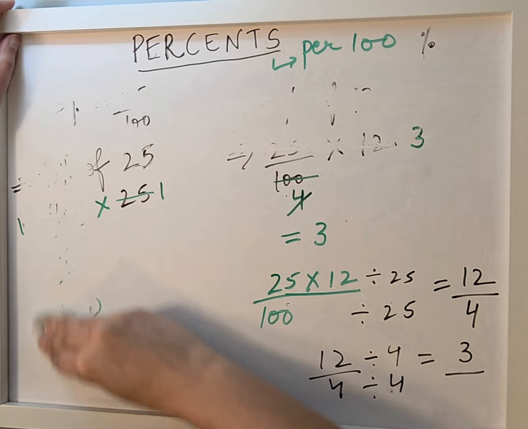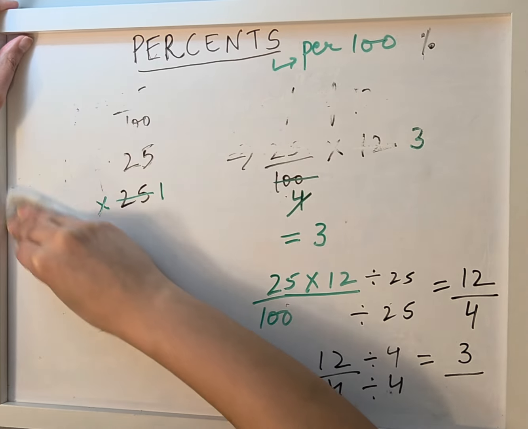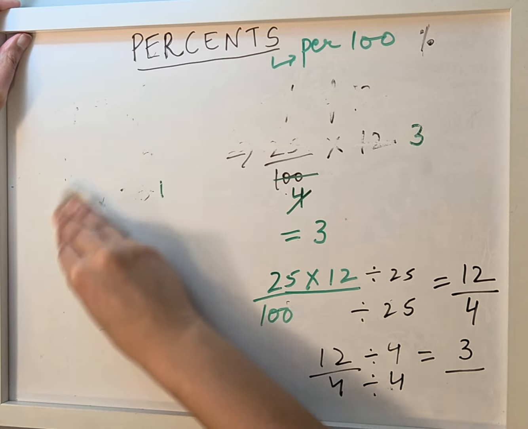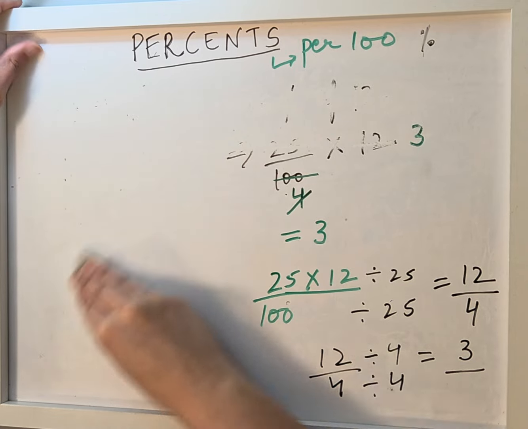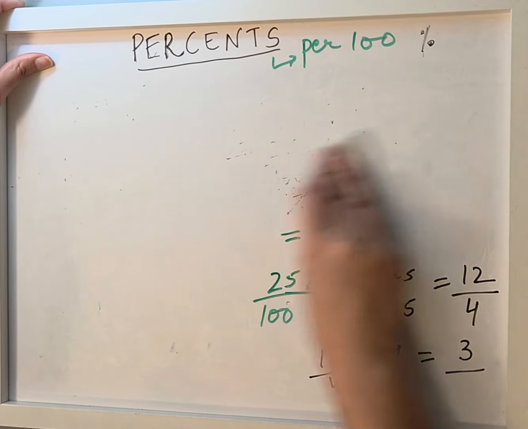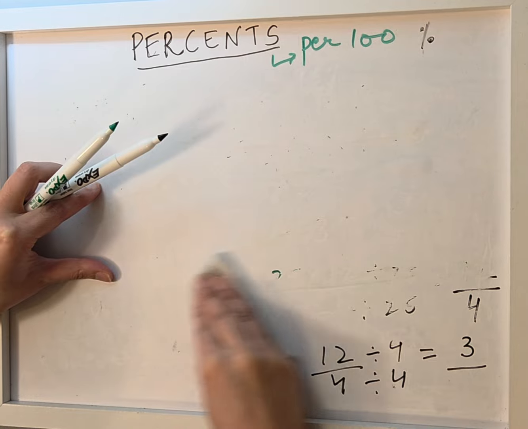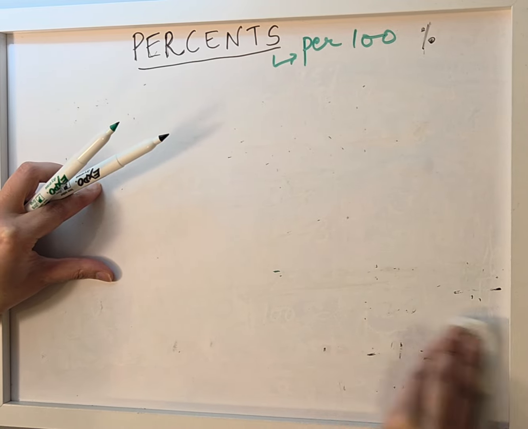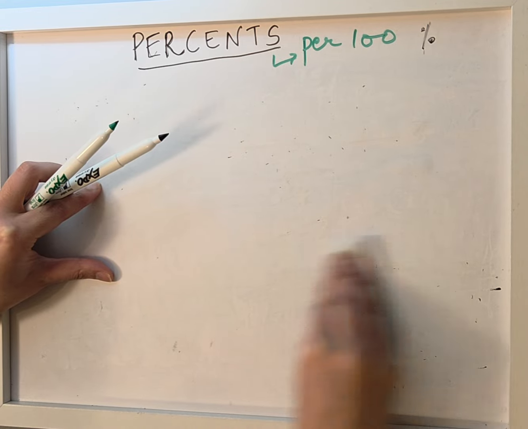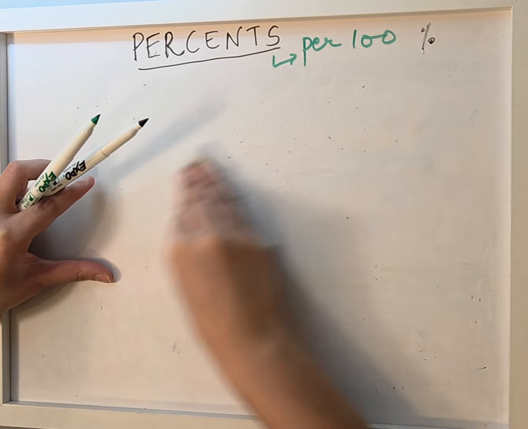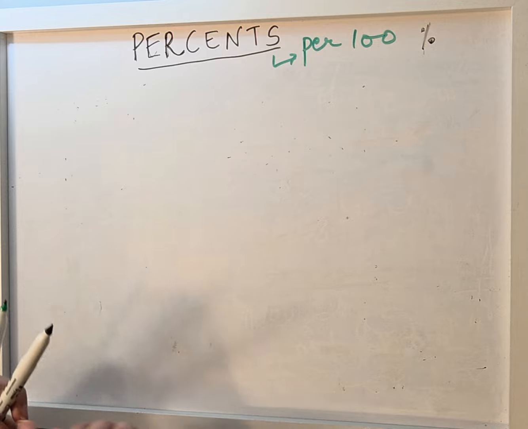Let's look at another way to understand it. Whenever we are studying fractions, decimals and percents, they all go hand in hand. So it's very important to understand each one of them to be able to understand the other.